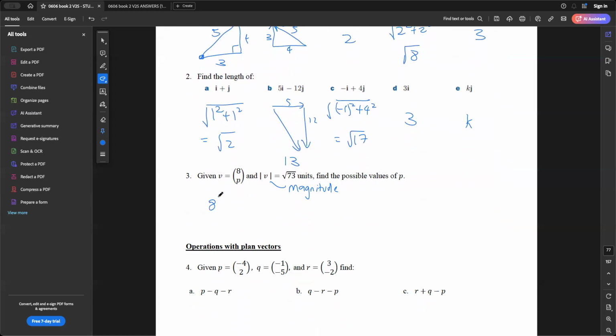Correct. 8 square plus p square, square root this answer is equal to square root of 73. And therefore, p is equal to positive and negative of 3.